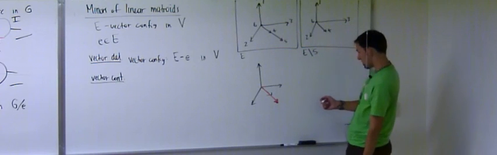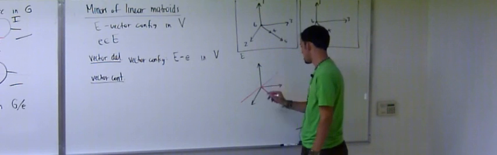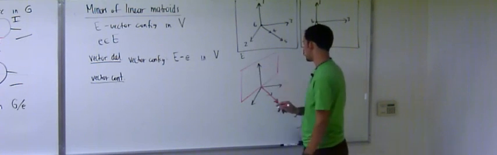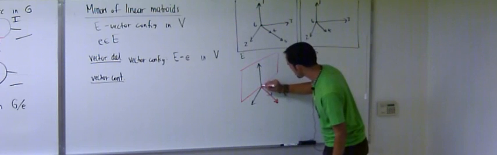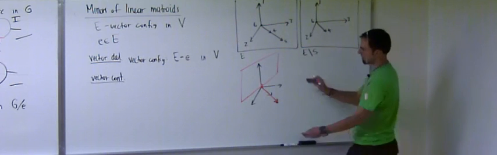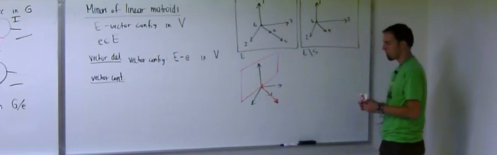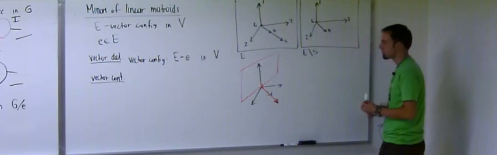In this case, it's going to be something like this, right? And the idea is that this is the hyperplane perpendicular to this vector. And what you're going to do is you're just going to project all those vectors onto the hyperplane. Okay.